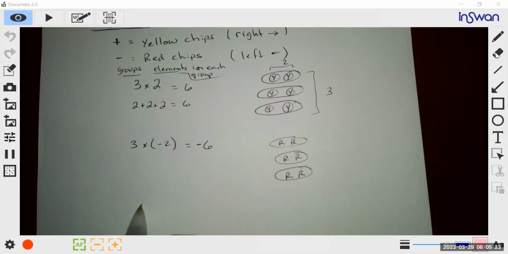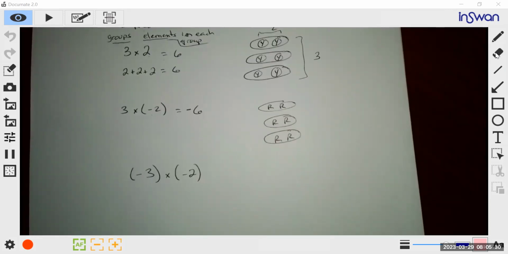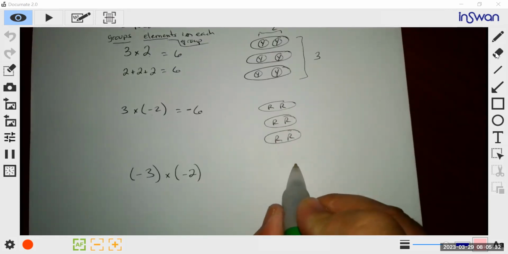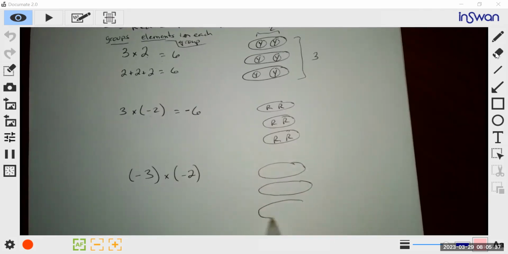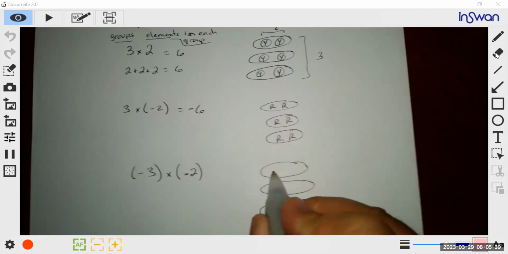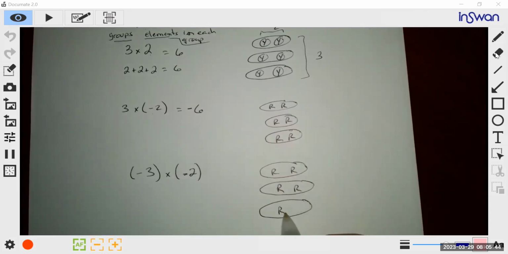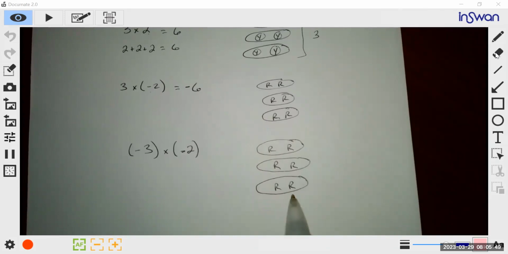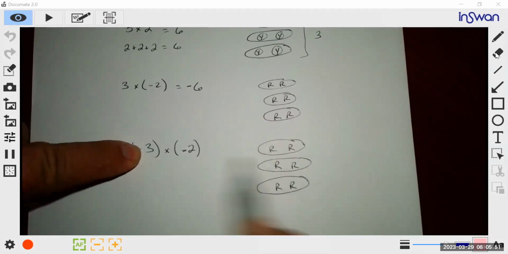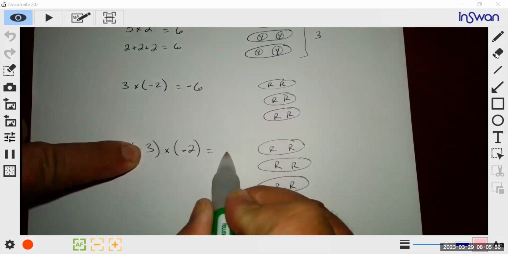What if they're both negative? And we have 3 groups of 2 chips. They're both red. So if we just take that, we have negative 6.